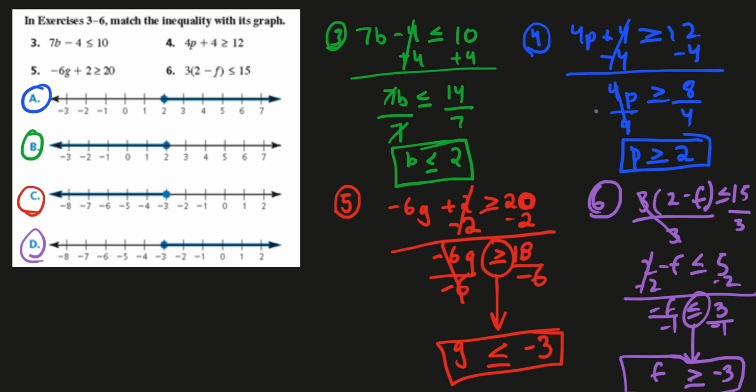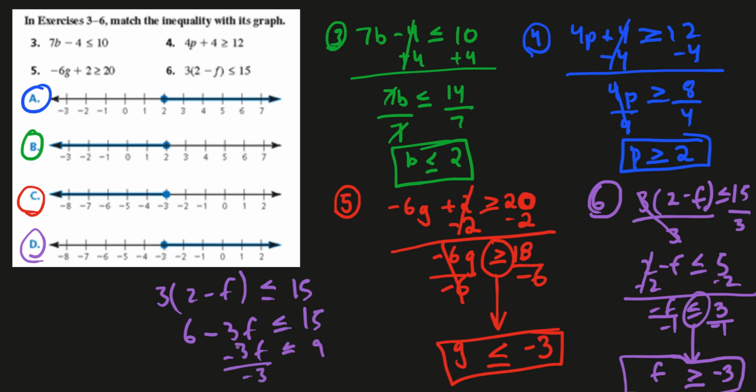As I promised, I will be doing number 6 the other way. So this is 3 times (2 minus f) less than or equal to 15. Distribute: 6 minus 3f is less than or equal to 15. Subtract 6: -3f is less than or equal to 9. And then divide by -3, or multiply by -1/3. And this is just going to be f is less than, whoops, sign switches.